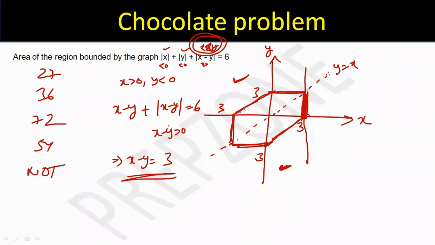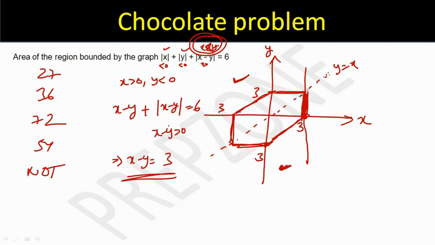Now, how do you calculate the area? So hexagon ka area we can take, it seems to be a symmetric hexagon, so 6a square le sakte hain. Okay, 6a square.